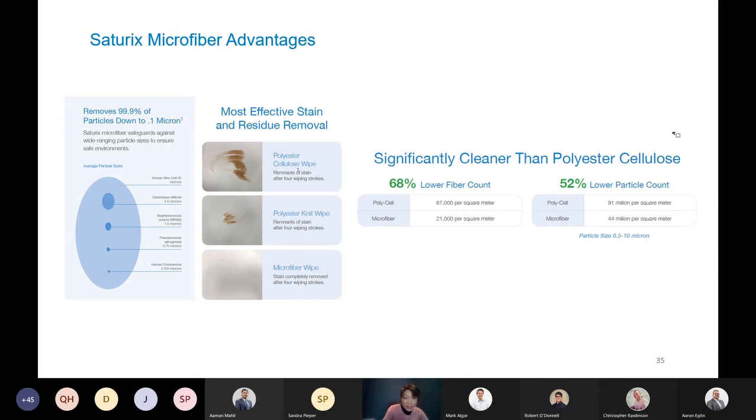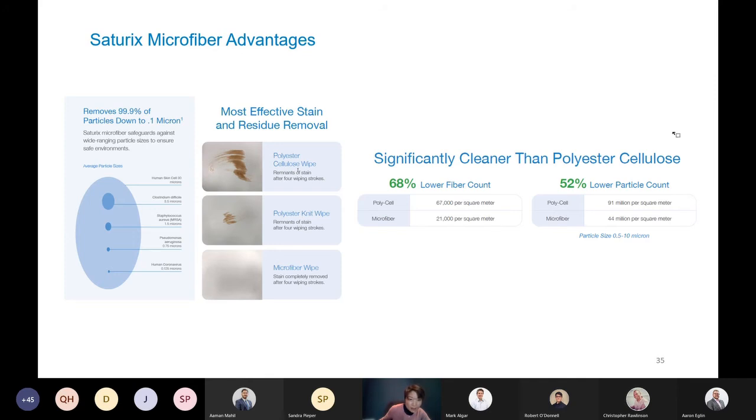In addition to this capability, microfiber is a lot more effective at stain removal, and those pictures I think are very telling. We compared the cleaning performance for microfiber, polyester knit, and polyester cellulose. We applied a stain onto a surface. After 4 wipes from each substrate, this is the remnant.